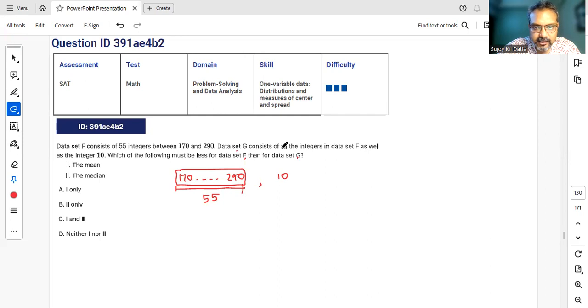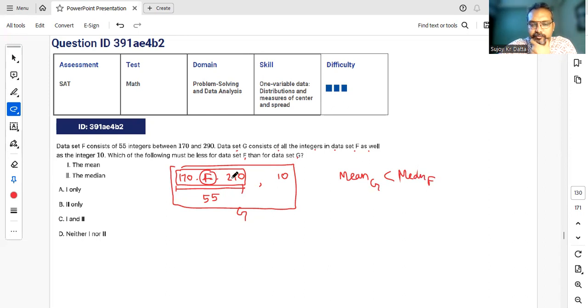It says G consists of all the integers in F. So this is F, and this whole thing is G. The mean of G is lower than the mean of F. They are saying which of the following must be less for F. Definitely F is higher, not lower, so it's not the mean. And for the median, we can't say because we don't know.